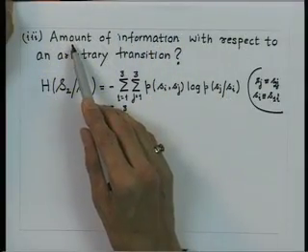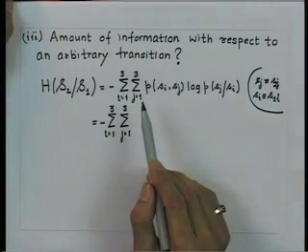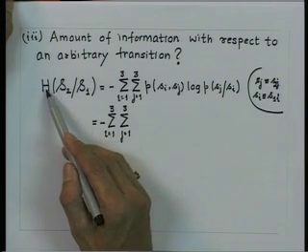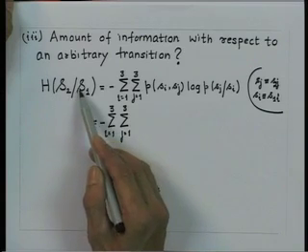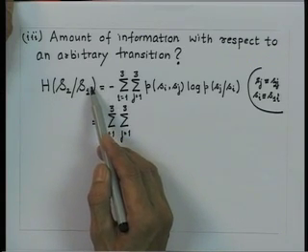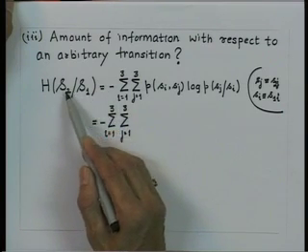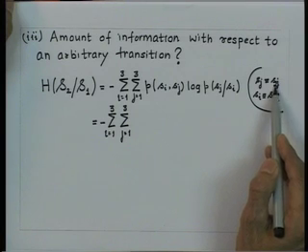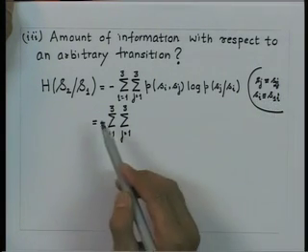So, I am interested in the calculation of information with respect to an arbitrary transition. What I mean by that, I am interested in calculating average information of S2 given S1. In the light of our earlier discussion, this Sj is equivalent to S2 and Si is equivalent to S1.